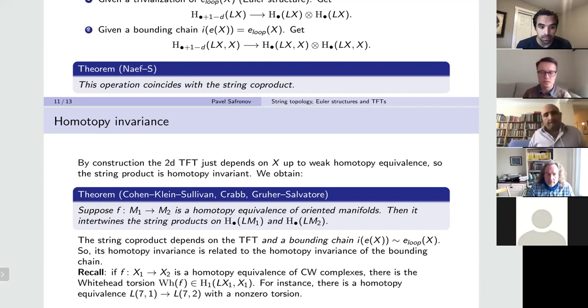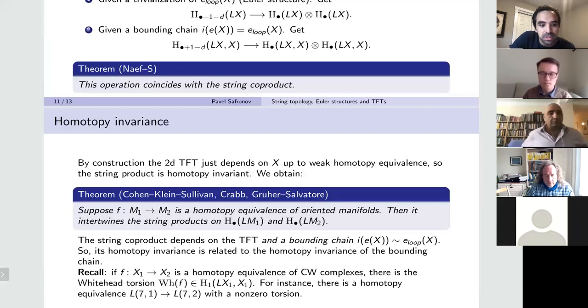Let me recall something rather classical. If you have a homotopy equivalence of two finite CW complexes, then Whitehead introduced this notion of Whitehead torsion. It's usually in some group related to K theory, but you can push it forward to homology of the loop space. So basically, the Whitehead torsion will be a class in H1 of the loop space relative to constant loops.